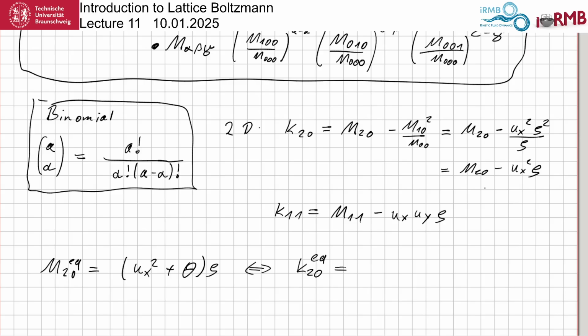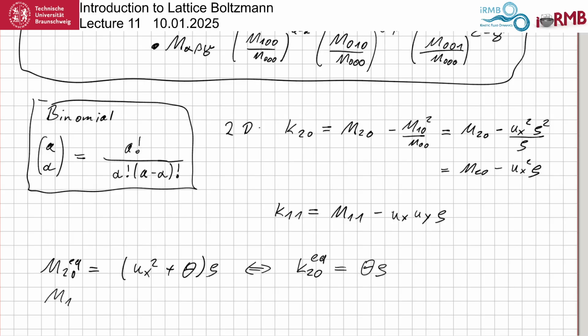If you are using this equilibrium, it will be M20 equilibrium minus UX squared. It's easy to see. So it's this equilibrium minus this. Which is theta times rho, right.